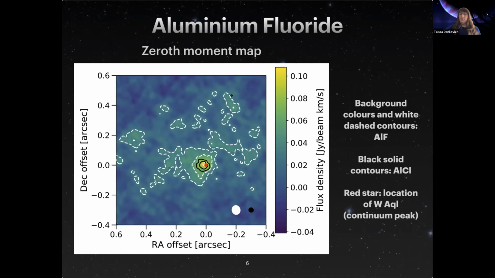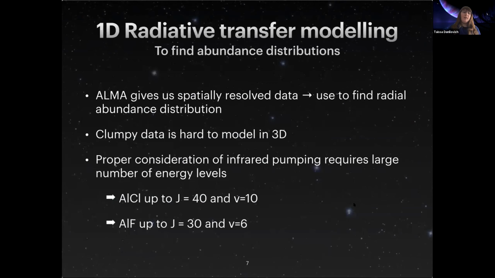So this off-center aspect of both of these molecules suggests that it'll be a little bit difficult to approximate with spherical symmetry. However, especially for AlF, this diffuse, slightly clumpy emission is also very difficult to try and approximate in 3 dimensions. So what we do is we model this with a 1D radiative transfer model.